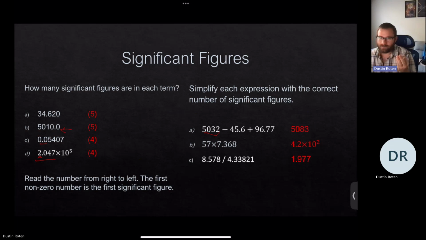Well, 57 is only 2 sig figs, so the 57 is going to dictate that we only have 2 sig figs in our answer. Then same thing down here in C, we've got 4 sig figs in this number. That's the least precisely known, so that's going to dictate what happens over here. So that's the crash course in significant figures.